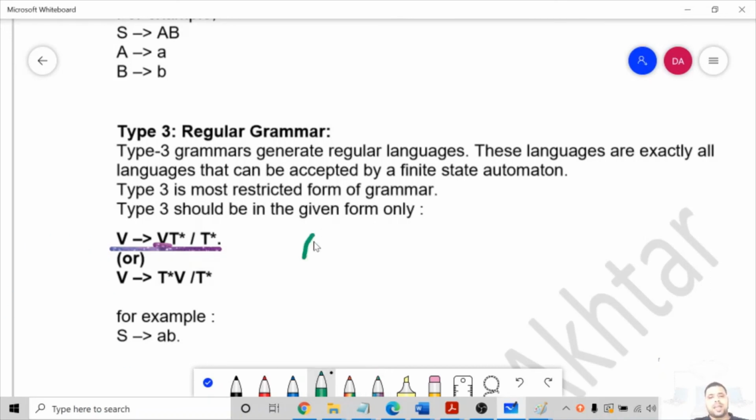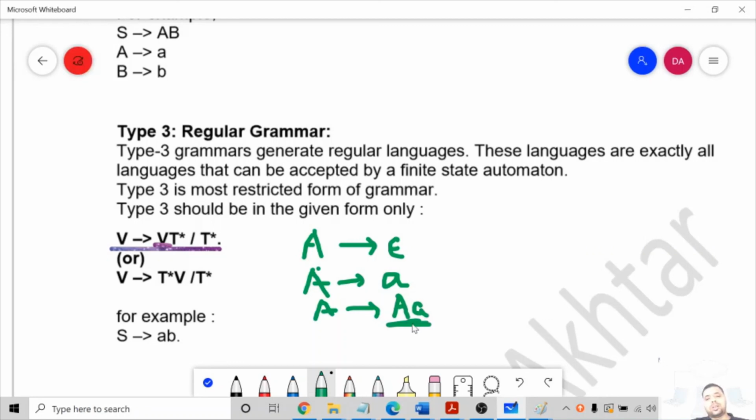Suppose we have a non-terminal A, then A can derive epsilon, or A can derive a terminal with the non-terminal. If the non-terminal is written on the left, it is left linear, and if you write the non-terminal on the right side, it is called right linear. So this is the most restricted grammar.